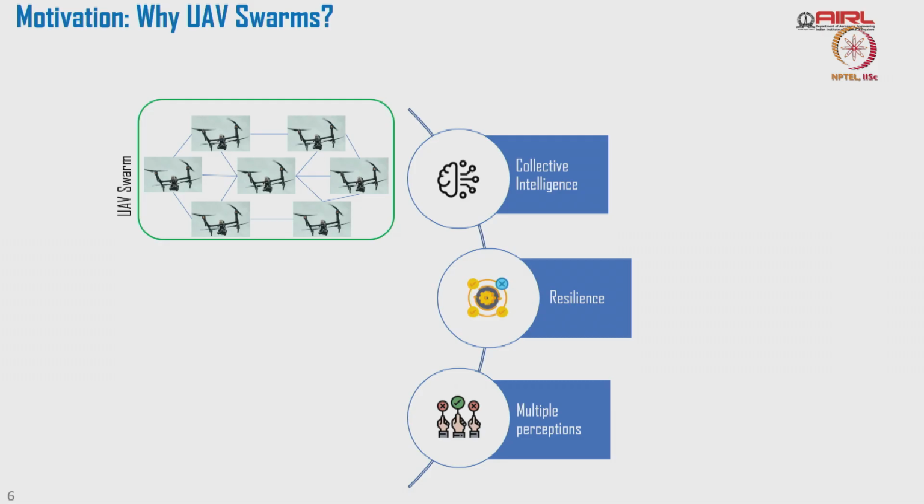It has collective intelligence. Each UAV has its own sensors, right. Together they can get a lot of information about the environment, which is unknown and uncertain. They are resilient, right. Even if one fails, they can still continue the mission.